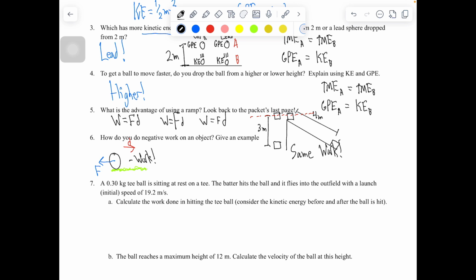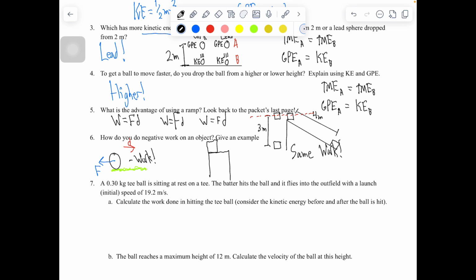Now we're talking about a person actually doing negative work on an object. There's a couple examples. Generally, it is involved in slowing an object down or bringing an object down from a height. So for example, let's say you are hungry for some chips, and you have chips up on the top shelf in your cabinet. Here are your chips, they have some amount of gravitational potential energy.